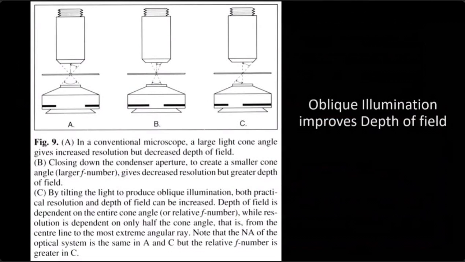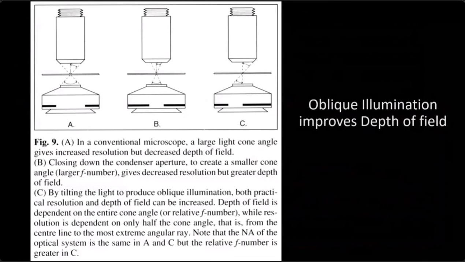Another thing that oblique illumination does, it improves depth of field. So take a look at this little diagram. If you have a really high NA lens at A here, and you can see you're fully filling the aperture, you get good resolution, but your depth of field isn't as good.